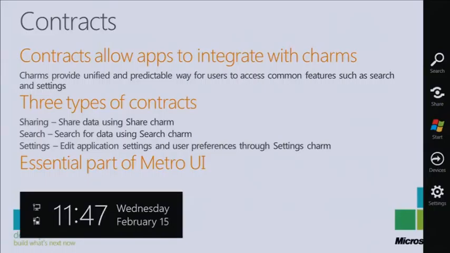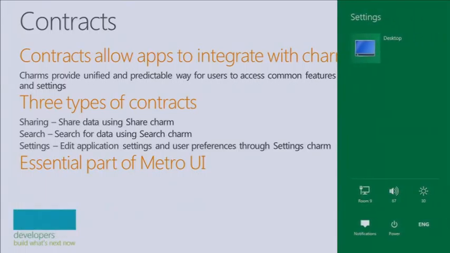There's even, by the way, integration for the settings charm down here. By default, the settings pane that appears when I select that charm doesn't have a lot in it. But it's possible in a Metro app to add additional commands or menu items that display customized panes.